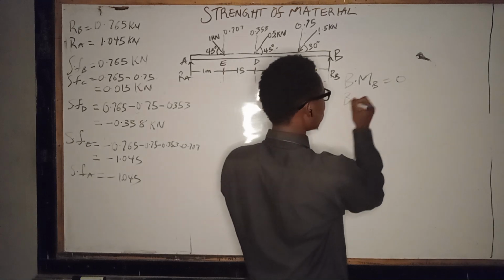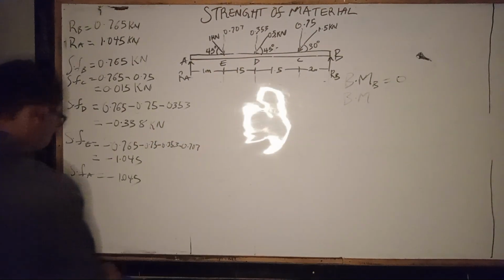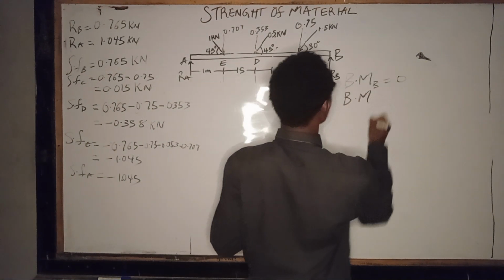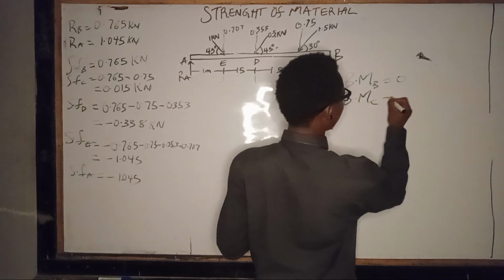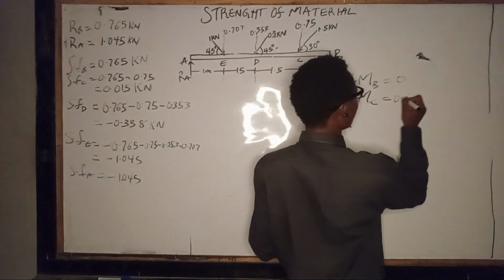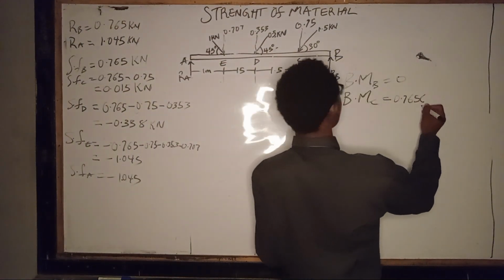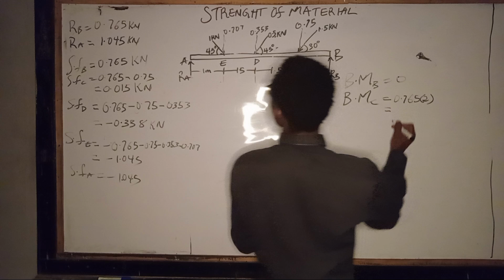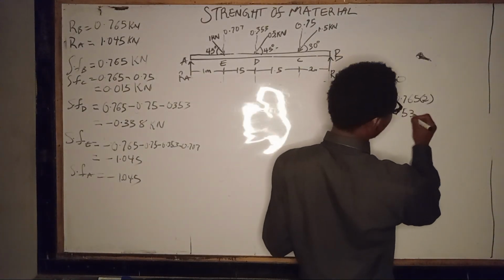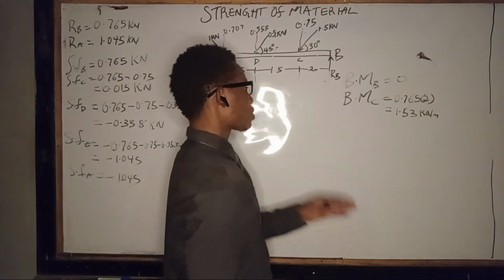Our bending moment at C is equal to the reacting force times the distance, which is 0.765 times the distance 2 meters, which will eventually give us 1.53 kilonewton meter.